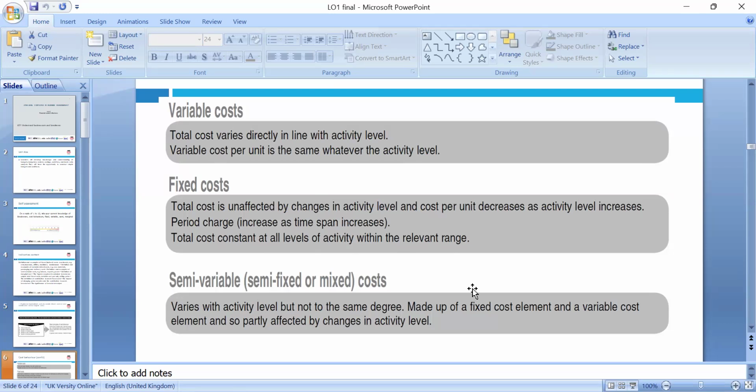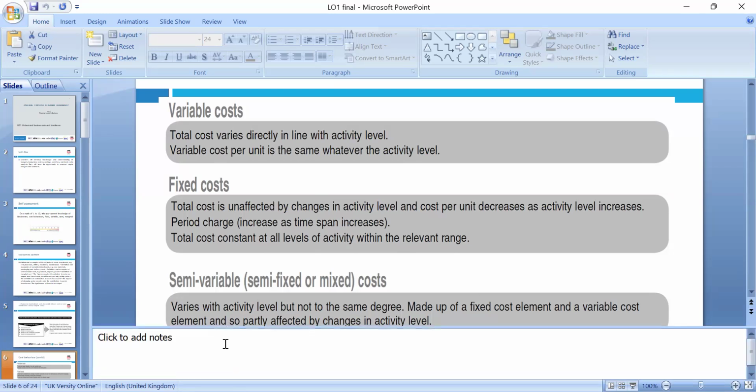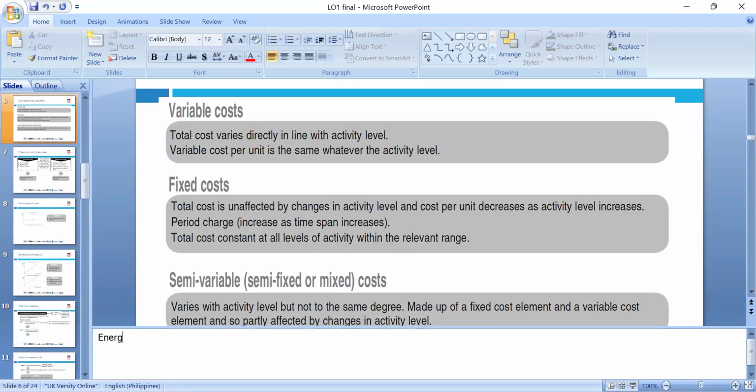And we mentioned semi-variable. Like in your house, if you have a gas or electric meter, pay as you go, the meter has a standing charge, also known as a fixed daily charge.